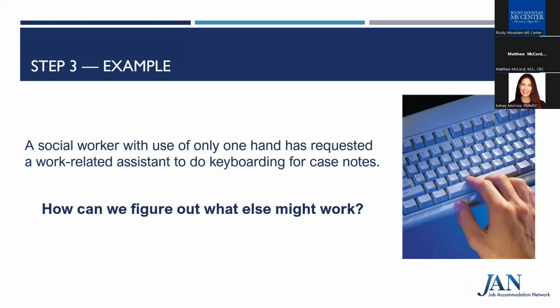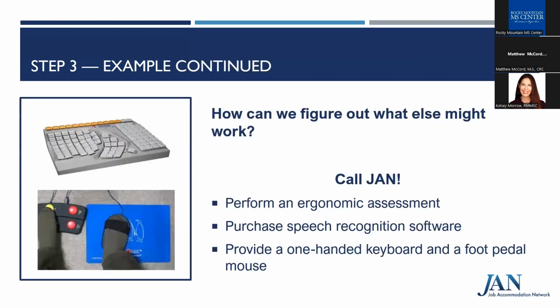So, as the employer has the right to explore alternatives, how can they figure out what else might work? Well, just like we said before, contact us here at JAN. This is a great time to call us. It's our job to help develop accommodation ideas, and often that requires a lot of out of the box thinking, which we do all the time.